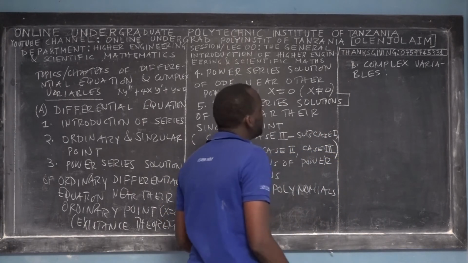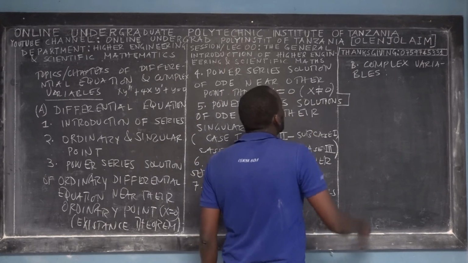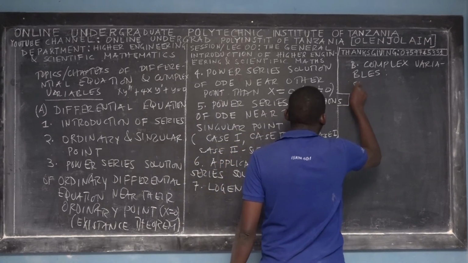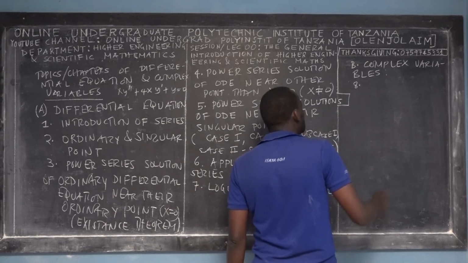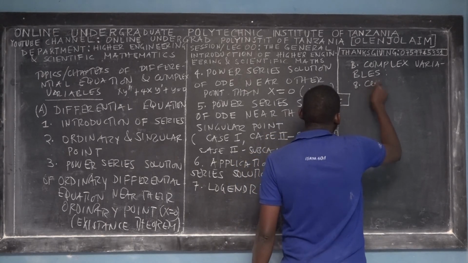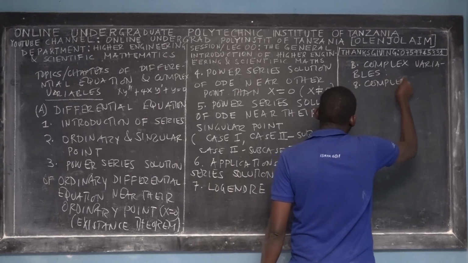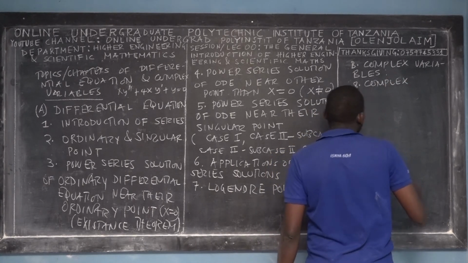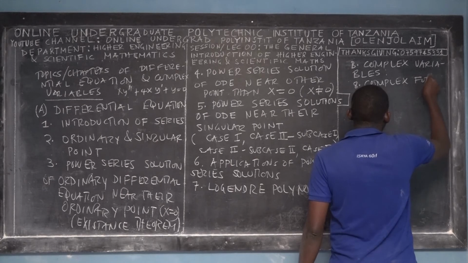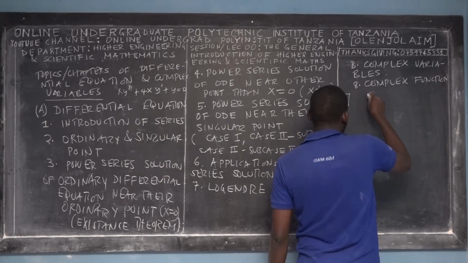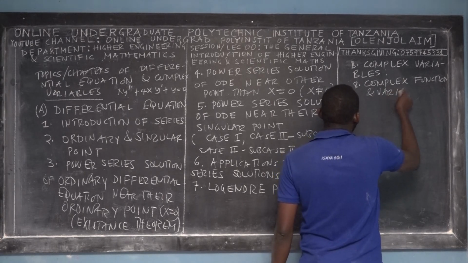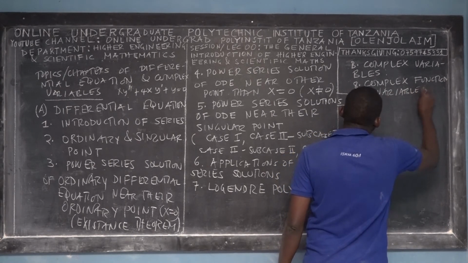So in part B on complex variables, this will be the 8th chapter. The 8th chapter will teach about complex variables and complex functions. Complex function and complex variables, what do we mean by that?